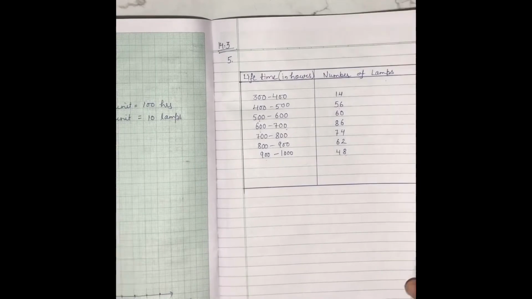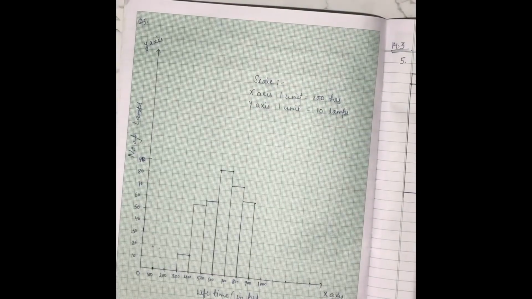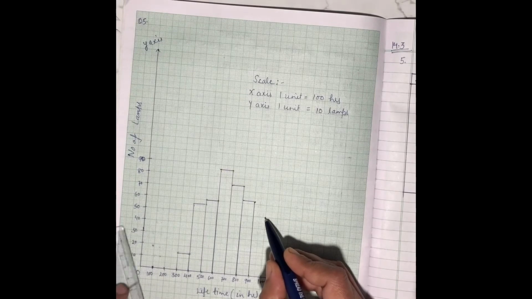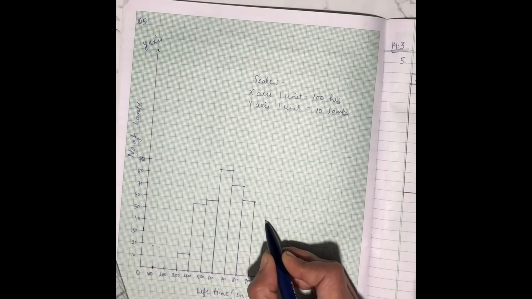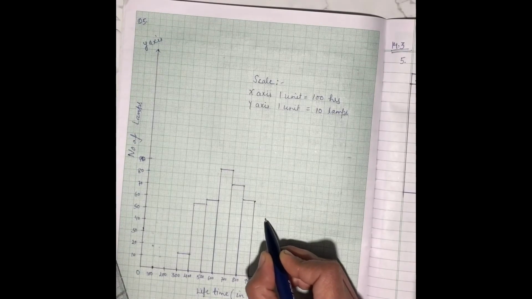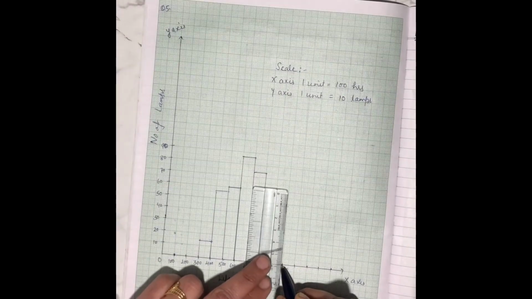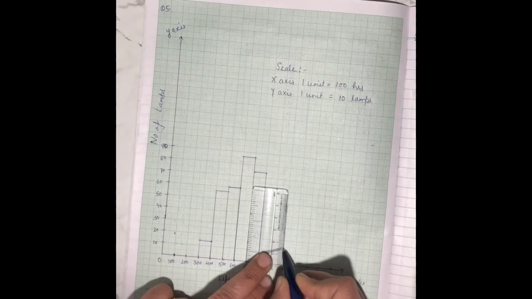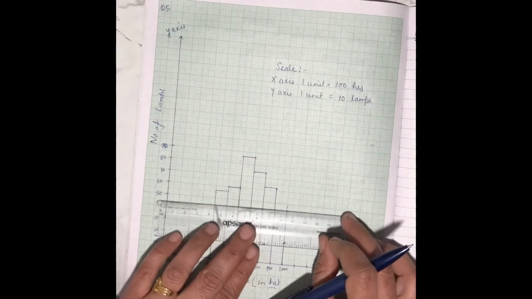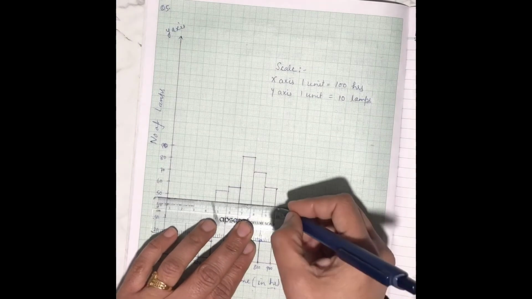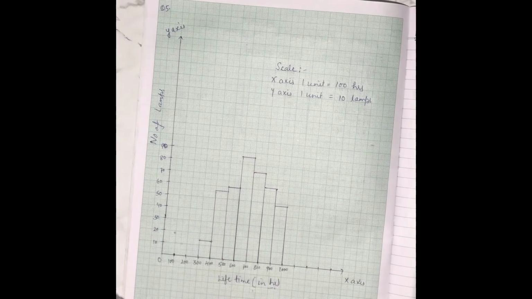So we'll make the next one up to 48. This is 50, and 2 lines below 50 is 48. We'll make 48 and join like this. This is our histogram.